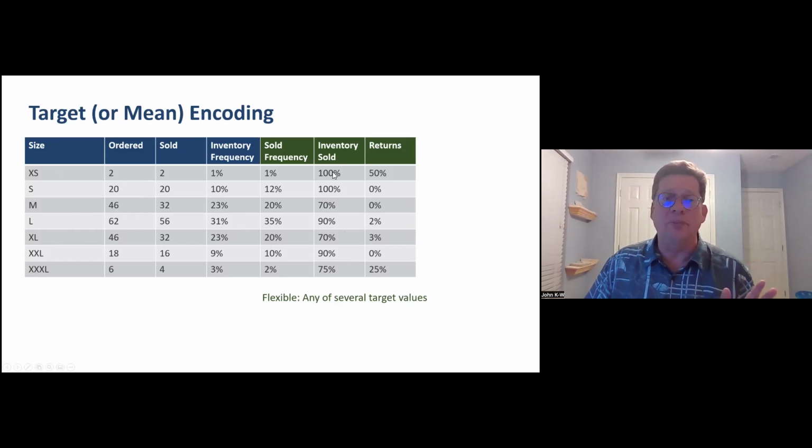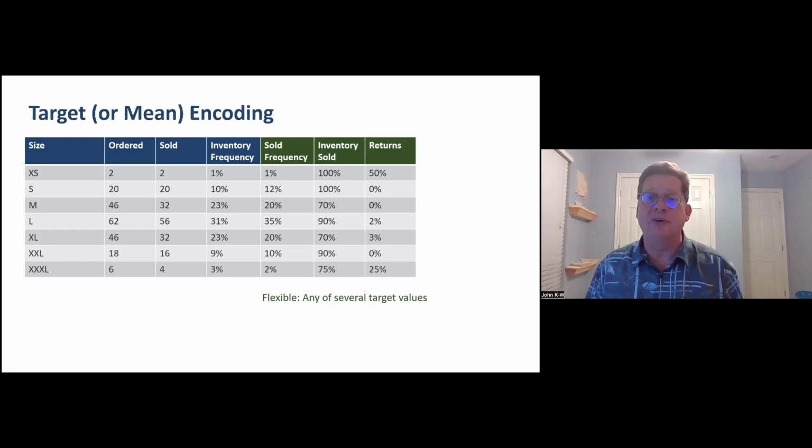If we sold 100% of our extra smalls, so we're good there. We also have a column for the number of returns. So if we're trying to predict returns or some other categories, we can identify which colors are being returned more often. Maybe our red t-shirts are bleeding in people's laundry and people hate ideas like that.